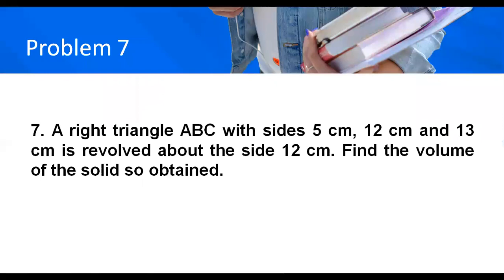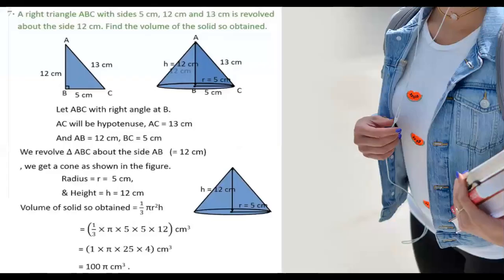Now coming to problem 7, a right triangle ABC with sides 5 centimeters, 12 centimeters and 13 centimeters is revolved about the side 12 centimeters. We need to find the volume of the solid. So here we are given a right triangle ABC like this, which is shown in this first figure.